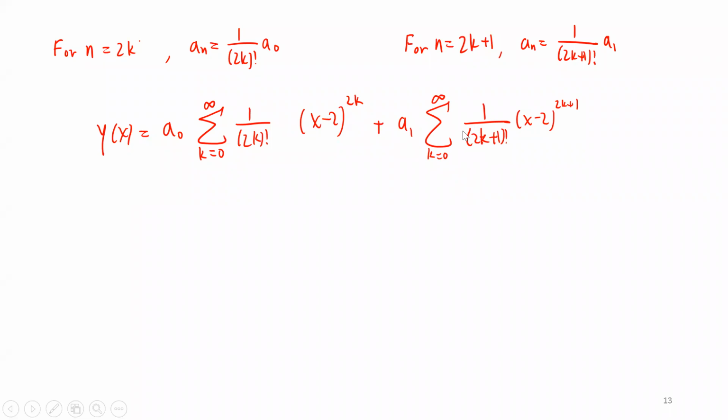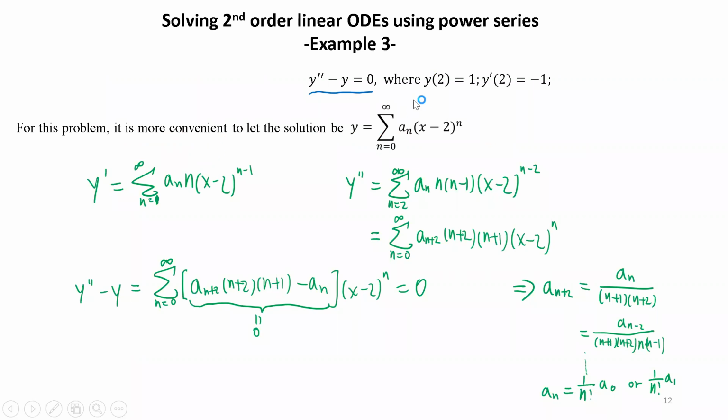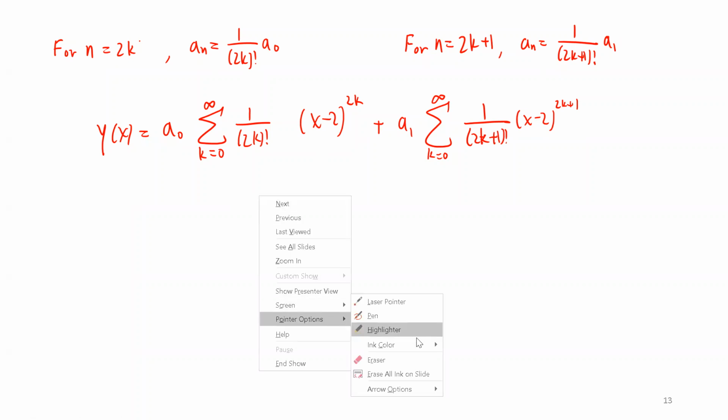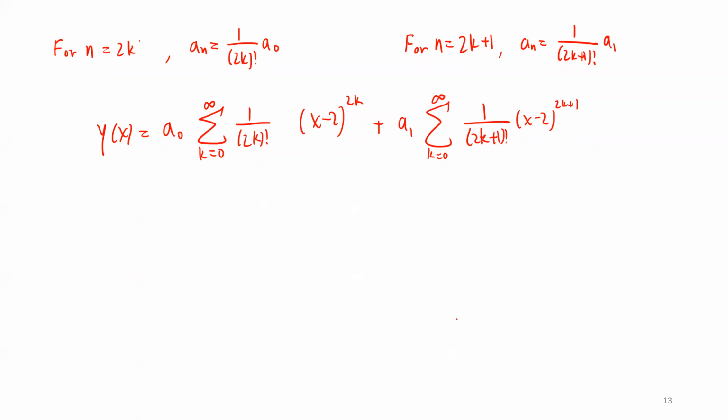So this is the general solution. No problem. But now if I want to find the solution given these 2 initial conditions, what do we need to do? You see that it is easier to do this x minus 2 series instead of the series in terms of x. Because the initial condition is y at x equals 2 equals 1.